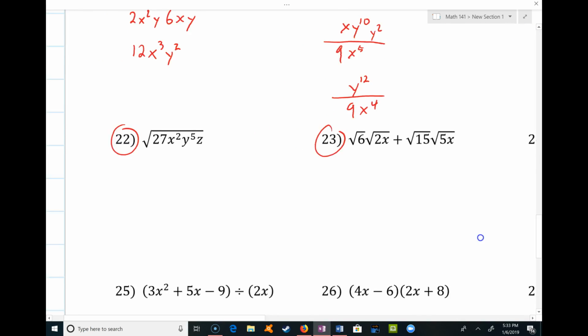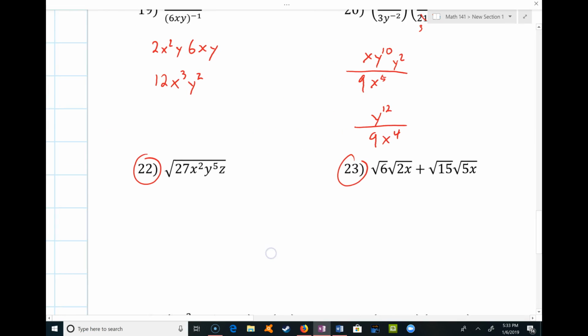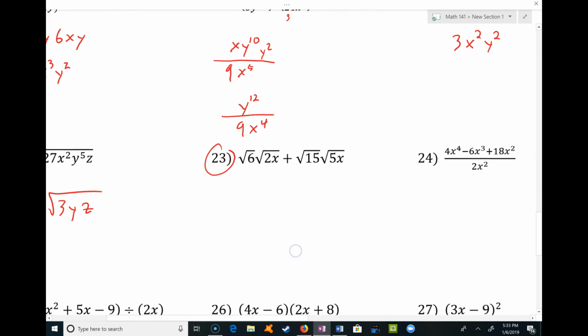And well, I guess I'll just do them and we'll talk about them later. So the answer to this would be 3xy squared times the square root of 3yz. That would be the simplified form of that. And this one is going to be 2 times the square root of, see, that'd be 12, that'd be 3x.